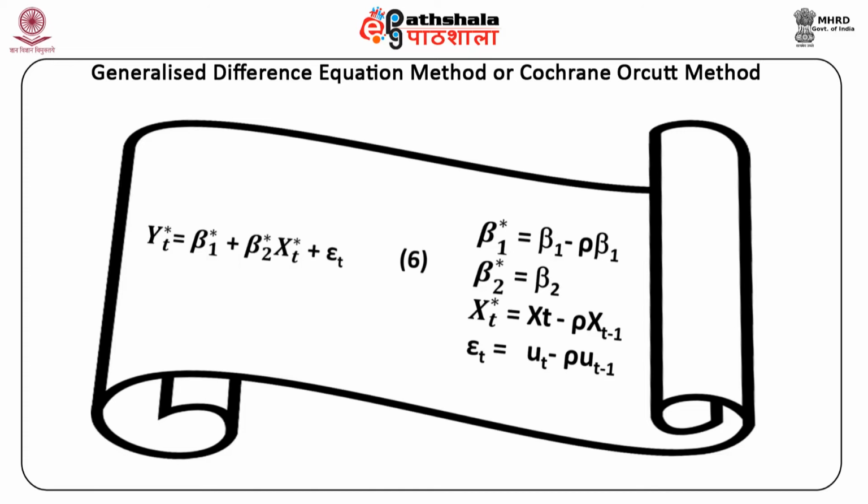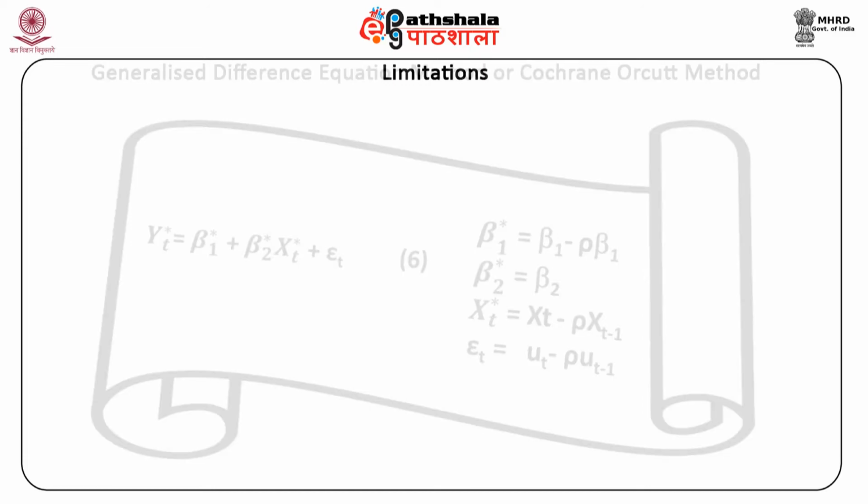The error term epsilon t in this equation 6 is supposed to satisfy the assumptions of the classical linear regression model. Hence, equation 6 can be estimated by the usual OLS procedure.